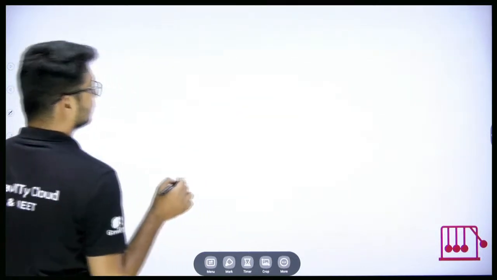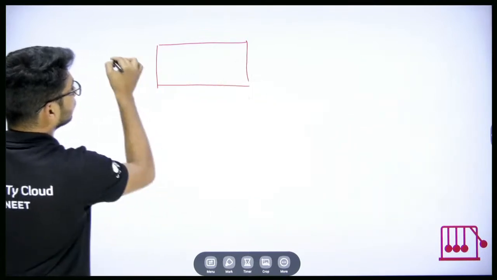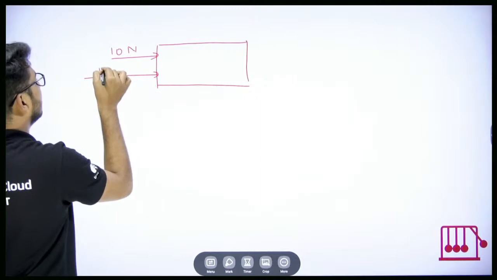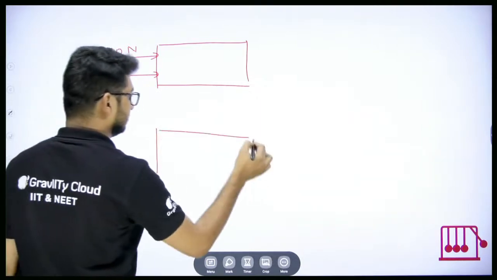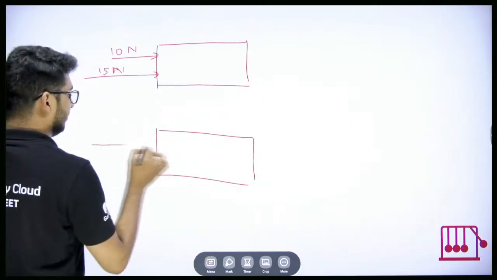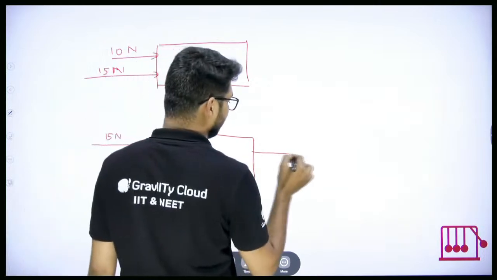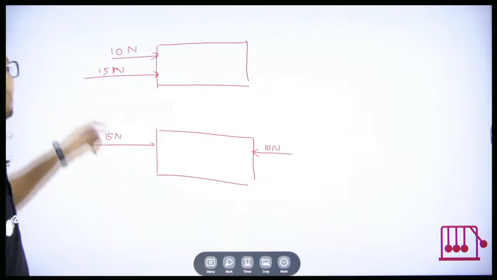What does that mean? I'll just show an example to you. So here if I take this case, 10 Newton towards right, 15 Newton towards right. And I'll take another case: 15 Newton towards right, whereas 10 Newton is towards left. Two different cases.